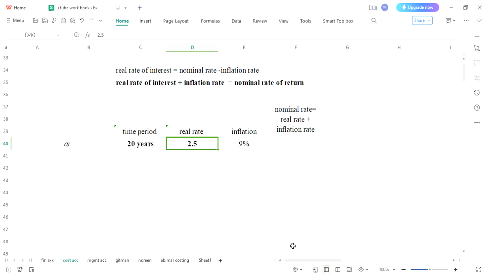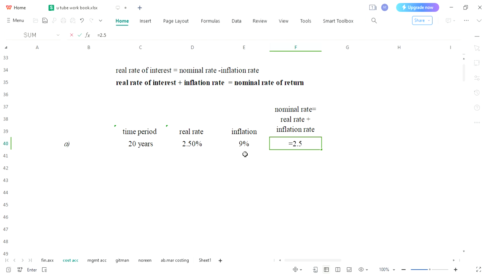Real rate was 2.5% for 20 years. So guys, we have filled, and now you must be attentive with the formula. Simple is this: real rate would be added to inflation rate. Real rate is 2.5 and 9%, so simply 2.5 would be added to 9 to get your nominal rate.